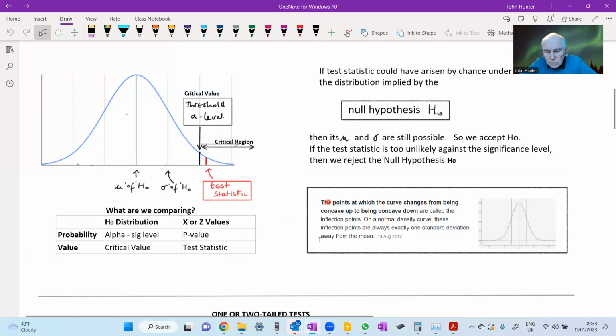Just one thing, this doesn't really relate to the hypothesis test in general, but it might be useful to note if you are actually doing these kinds of problems. I'll just read it. The points at which the curve changes from being concave up to concave down are called the inflection points.